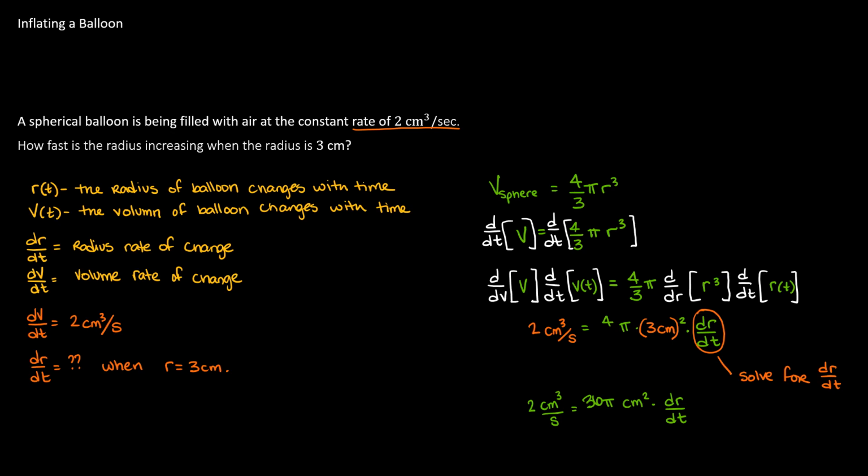Some people like to leave out their units. I like to include them because I want to do a bit of a unit analysis to make sure that my result sounds reasonable. We're looking for dr/dt, which is the rate of change of a radius. And a radius is a linear measure. It's not an area, it's not a volume, it's linear.